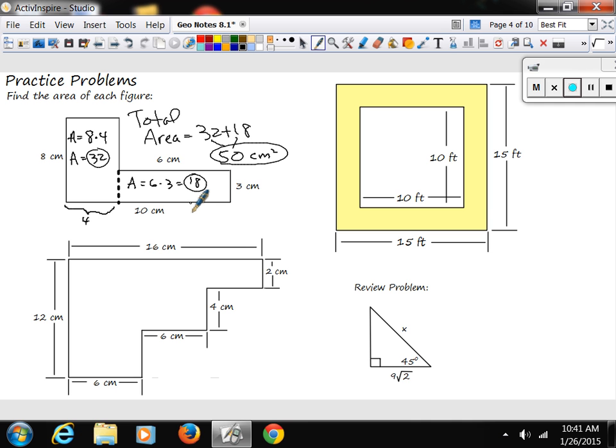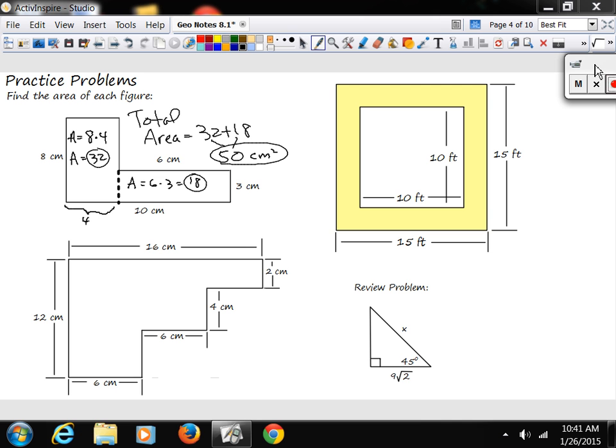Now, a lot of students struggle with the shaded area part problem, where you got to find the shaded amount. You see something like this, and what do you think we're going to need to do here? How do we find the shade? Let's pretend like this is a grassy area, and this is my cement sidewalk around it. And I need to know how much concrete to get.